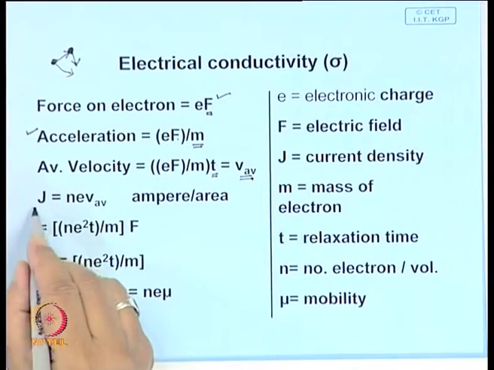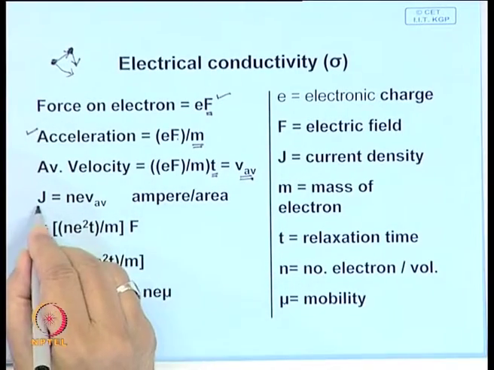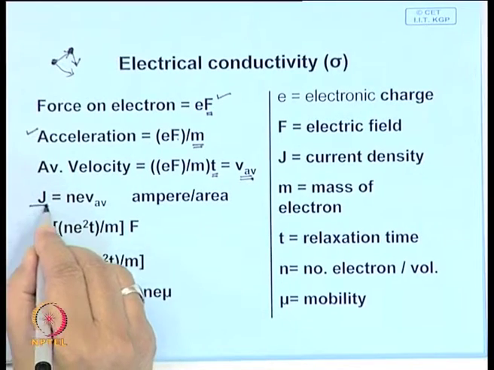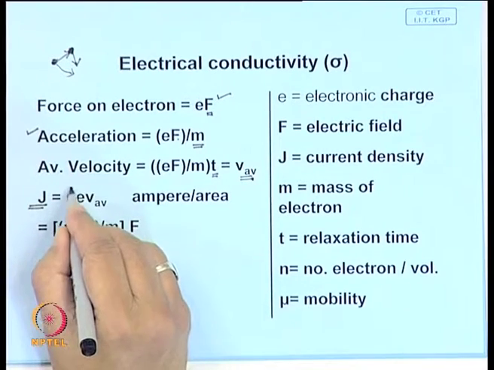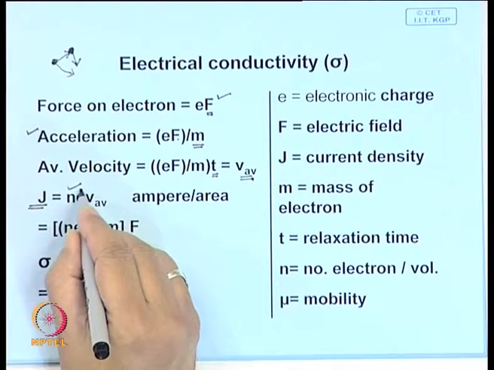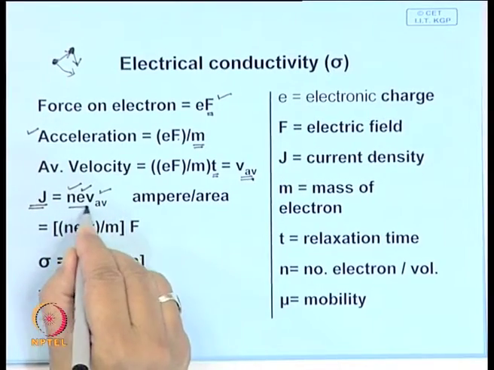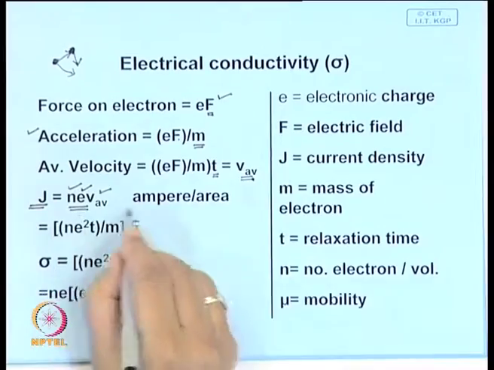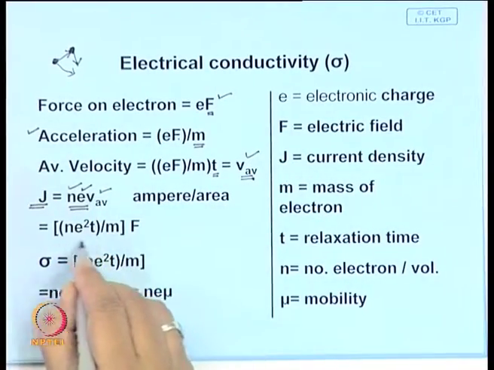Then the current flux can be calculated. The current flux J will be proportional to the number of electrons n, the electronic charge, and the average velocity. If you substitute that average velocity here, you get this term.